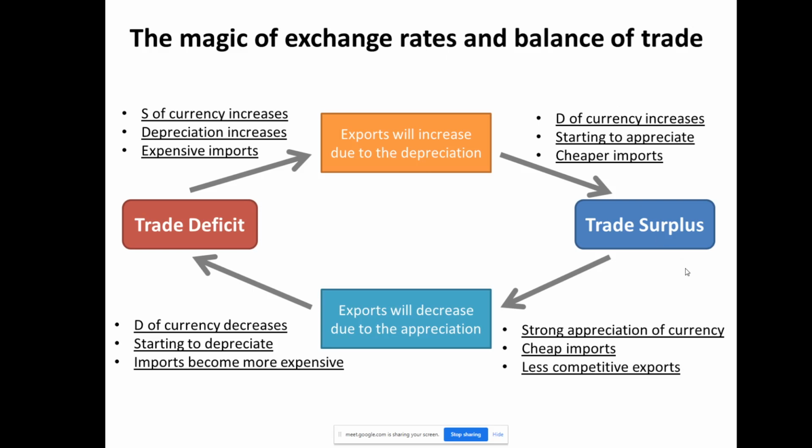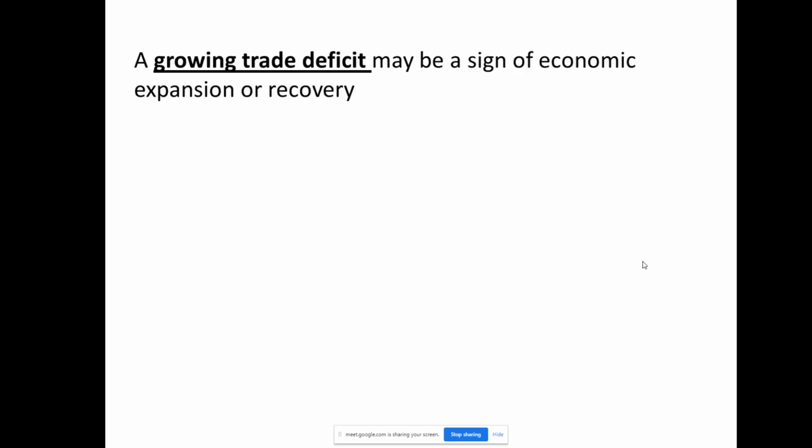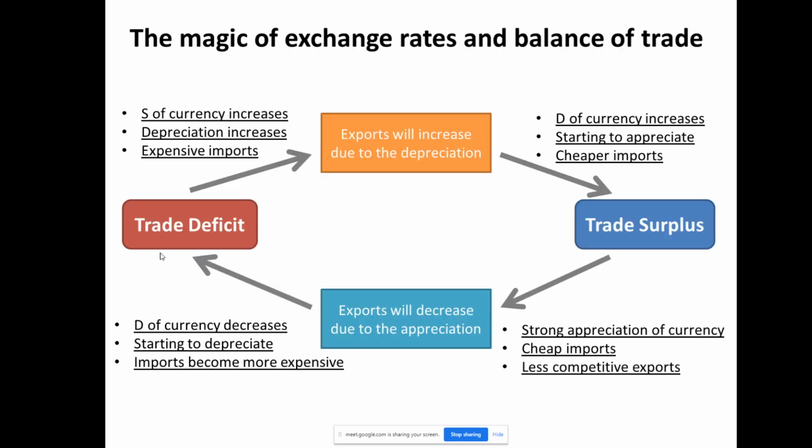So this one is very important, one very important concept because it links two topics together. Because of this concept, we know that trade deficit may not be a bad thing if you only focus on these two topics.